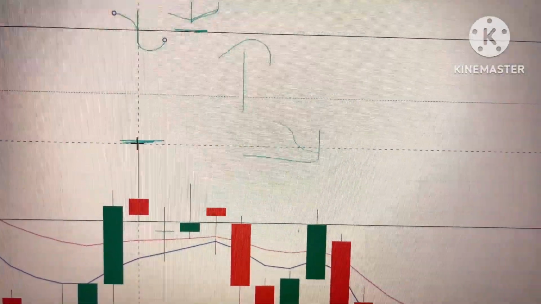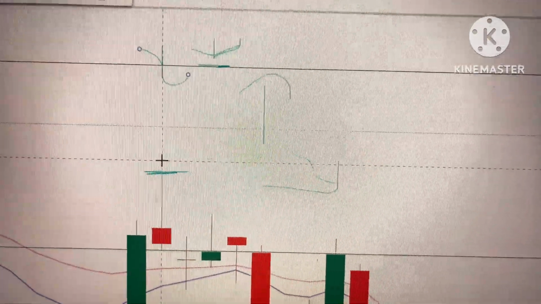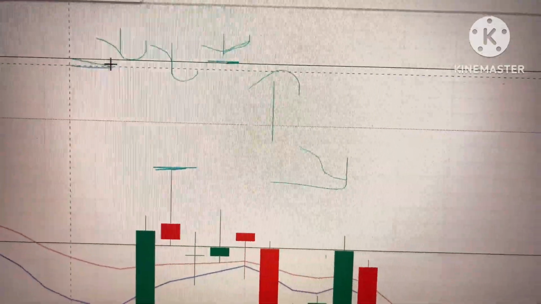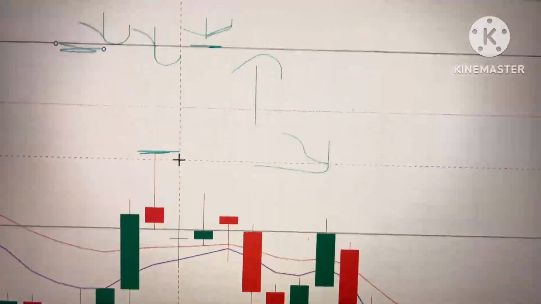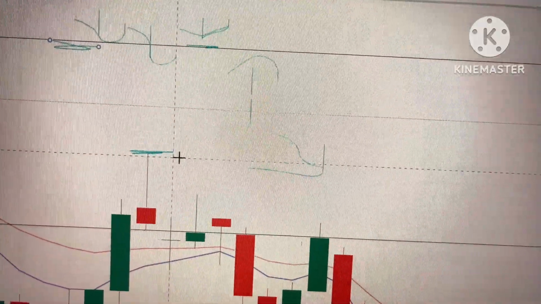suppose we are holding a call side trade, and if we think that the market will touch this level, then this will be our level. Okay, so we have to understand one more thing.